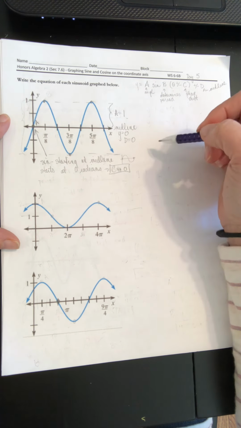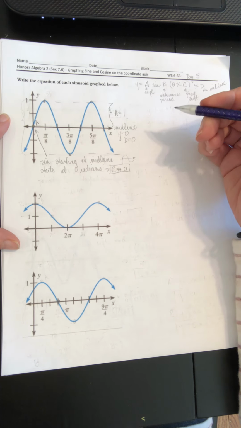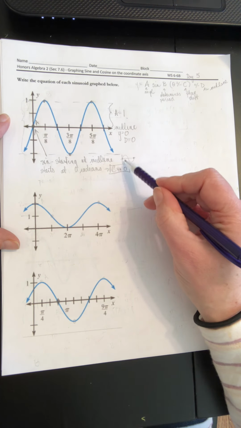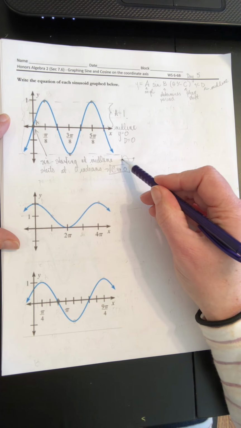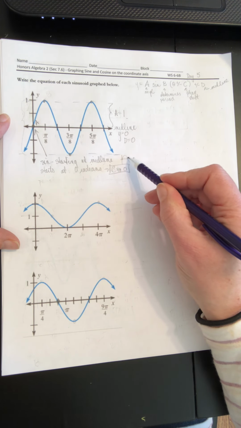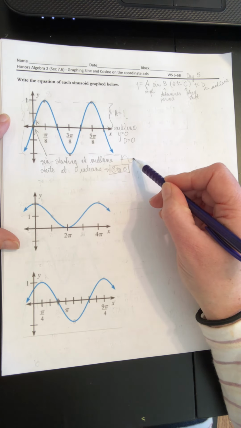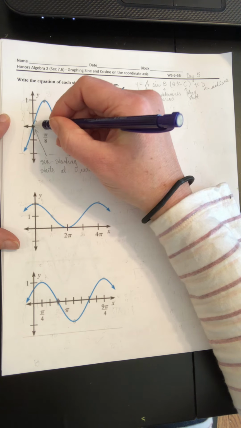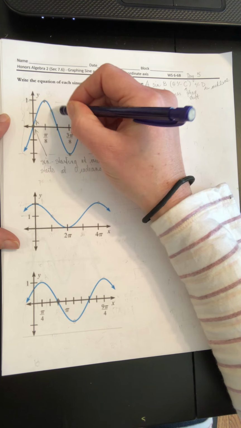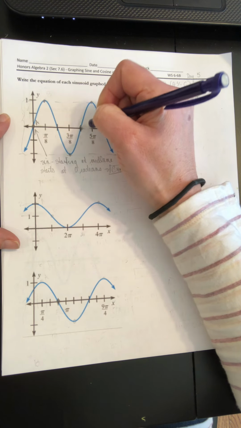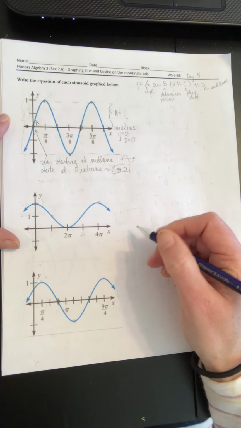To find the B value, you have to find the period of this function. This is a sine function, so a full sine curve starts at 0, goes up, hits a max, comes back down, hits our min, and then comes back to our midline. If I hit the max, come back down, hit the min, and then the next time I hit the midline is here, that is a full sine curve.